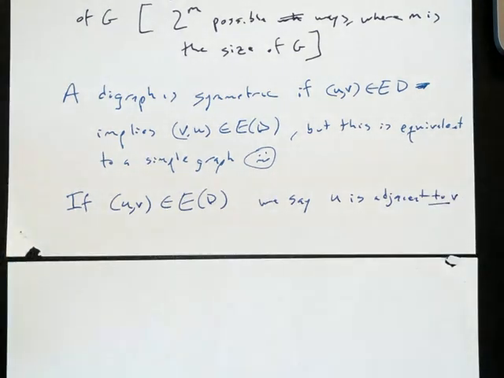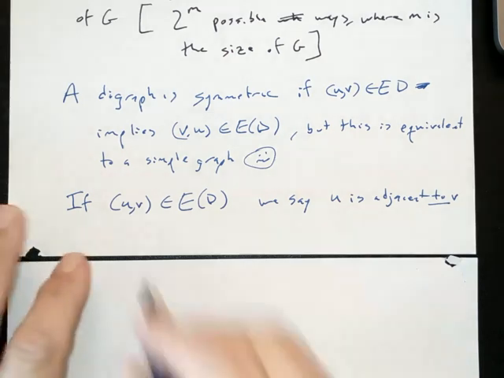I can go from U to V. So U is adjacent to V. V is not adjacent to U. Because that edge only tells me I can go from U to V. That means that U is adjacent to V. V is gotten from U.